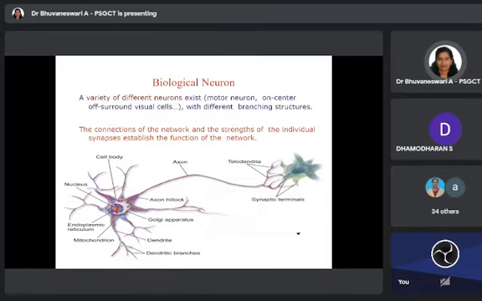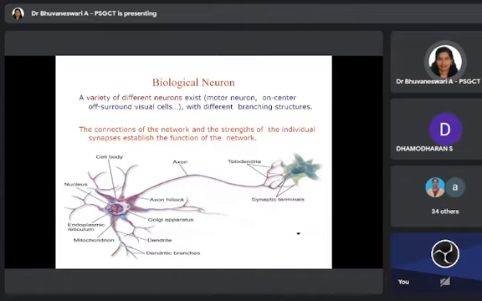The other end will be connected to the synaptic terminals of another source. Okay, so this enables communicating and sharing of information between the two neurons. So that is what a neuron is.